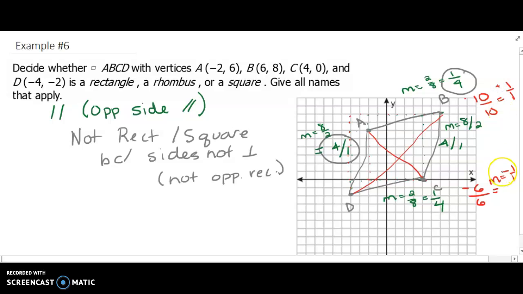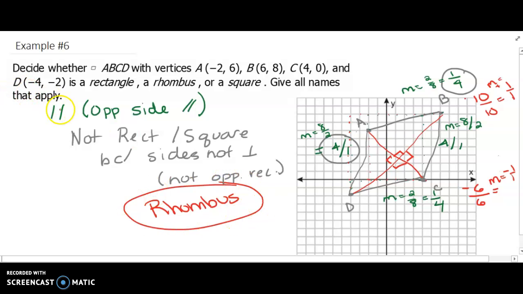So we have a positive 1 over 1, negative 1 over 1. Those are opposite reciprocals, so these are perpendicular, and therefore this is a rhombus. So we have it's a rhombus, it's a parallelogram, and I could also put it's a quadrilateral. It says put all names, quadrilateral.